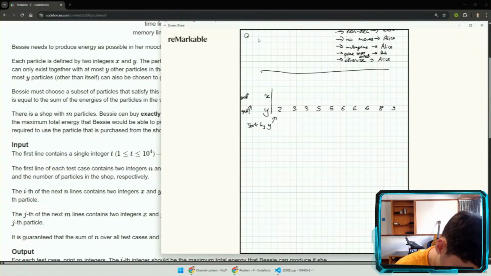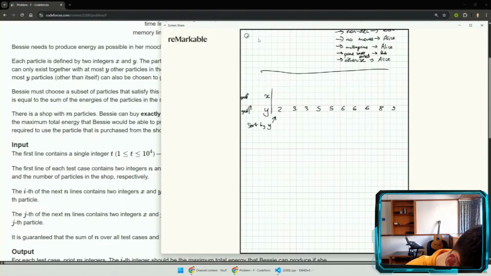This is telling you how many other particles can be in it. So if you choose this one, then you're capped to at most 3 particles. It doesn't have to be this range, but you're capped to at most 3. So this is the expensive one.